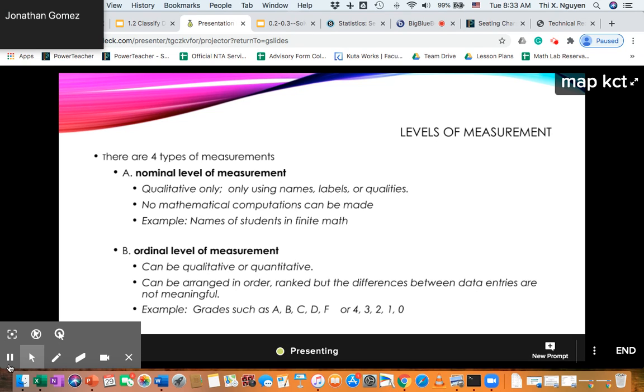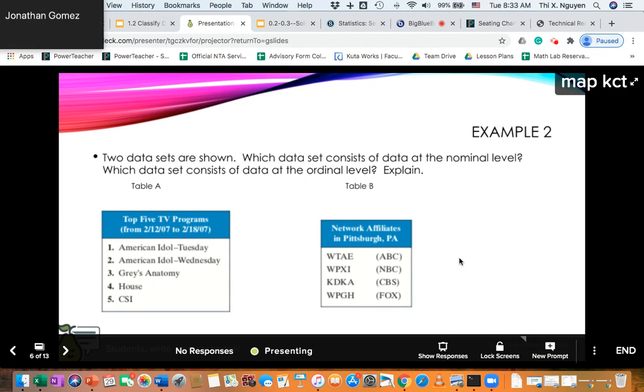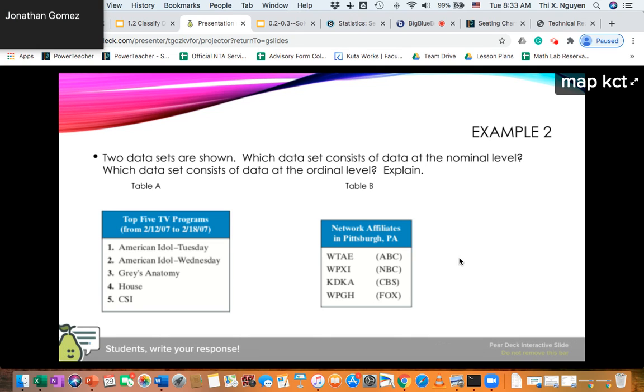So these are the two things. Questions for me? I'm going to look at some of the examples that I have. So I have these two tables, okay? Two data sets are shown below. Which one represents the nominal level? Which one represents the ordinal level, right? I have two things. The first one is the top 5 TV programs. And then the second one is the network affiliates in Pittsburgh, Pennsylvania.